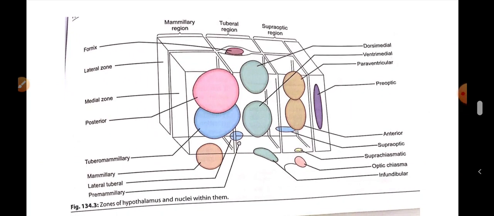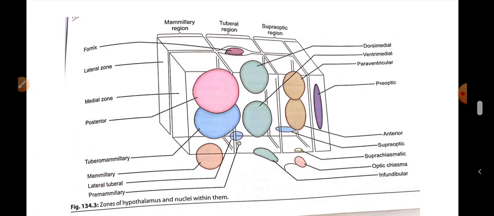So in the diagram you can see the zones of hypothalamus and the nuclei within them. So these zones are the mammillary region, tuberal region and the supraoptic region. So in the supraoptic region you can see the ventromedial nuclei, then the anterior nuclei, these are the supraoptic nuclei, suprachiasmatic nuclei, there is optic chiasma.